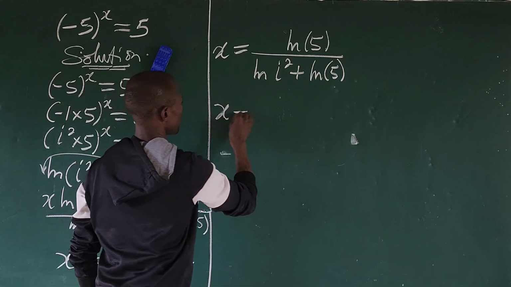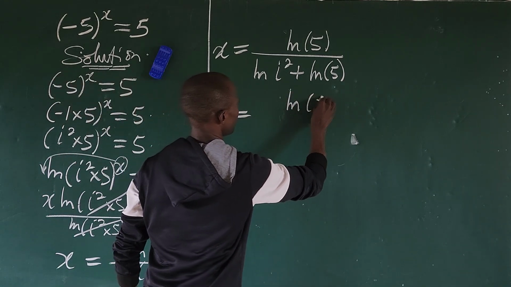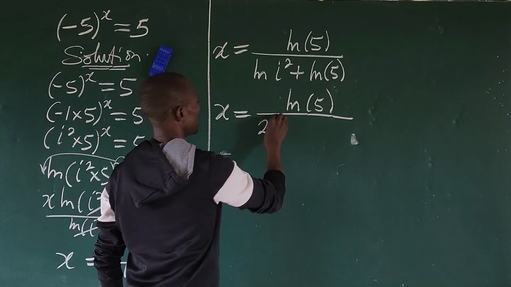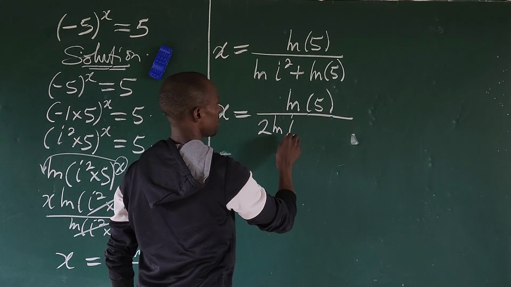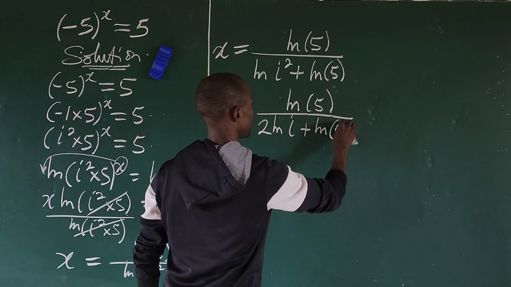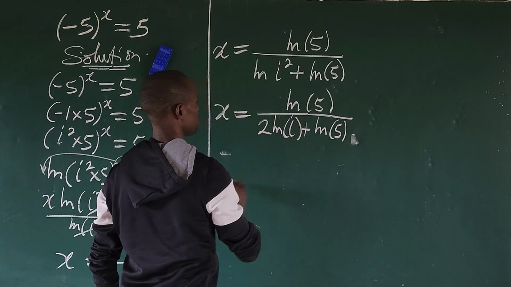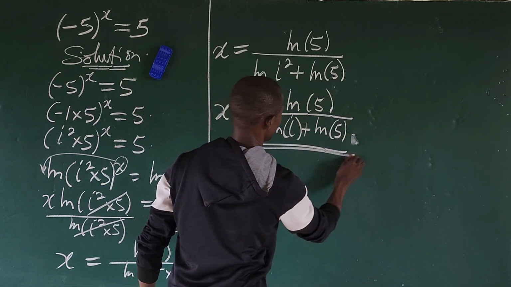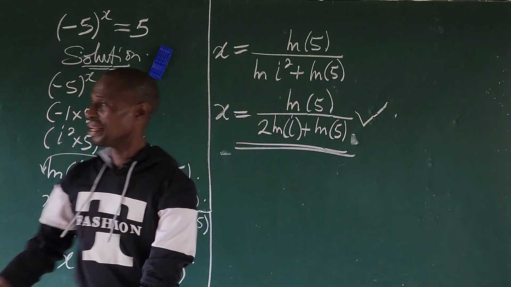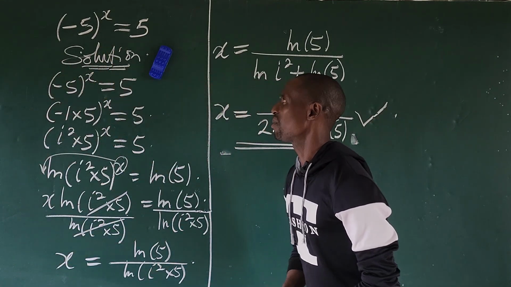So this will now give us ln 5 all over 2 ln i plus ln 5. I put this in brackets, put this in brackets. So this is the value of x that will satisfy this equation.